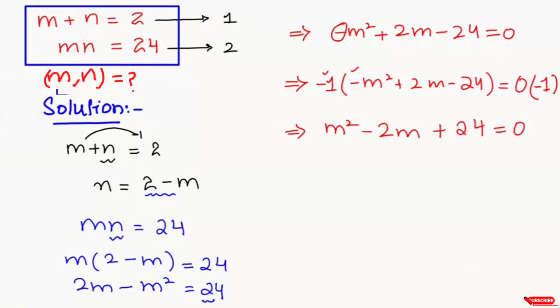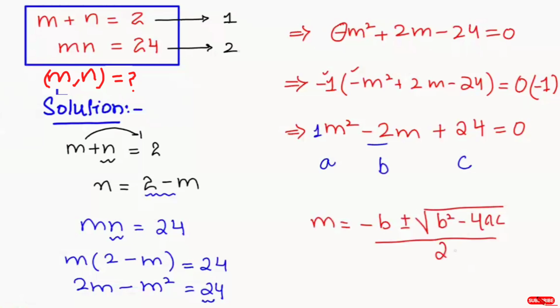Now I'm going to find the value of m by using the quadratic formula. The coefficient a is 1, b is negative 2, and c is 24. m is equal to minus b plus minus root of b square minus 4ac over 2a.